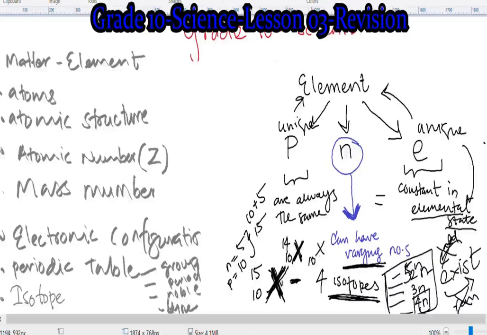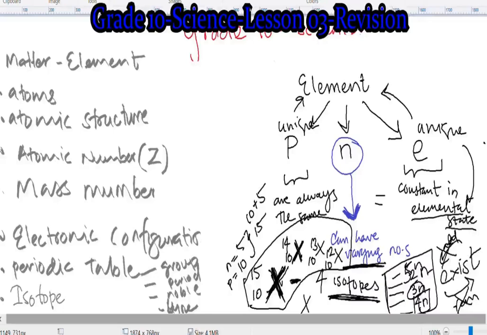Then atomic number 10, mass number 13. Then atomic number 10, mass number 12. So these 4 are the isotopes of the element X. And these can only be the isotopes. There cannot be any other ones unless you scientifically find out.